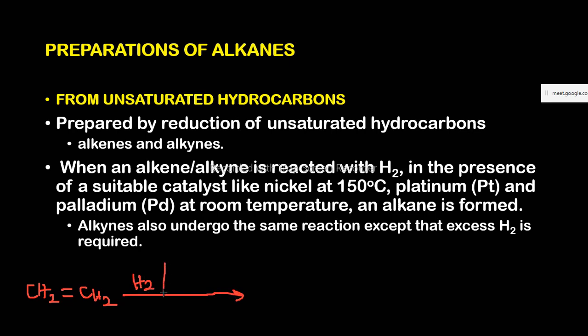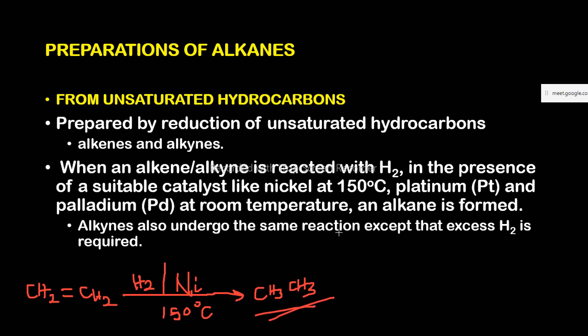I can decide to use nickel. But if I use the nickel, then I must heat at 150 degrees Celsius. That is if you've decided to use nickel. Then we shall form our alkane, CH3CH3. Is that good enough?